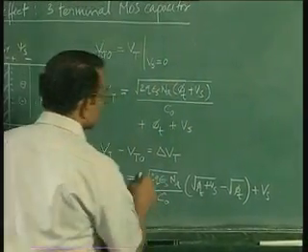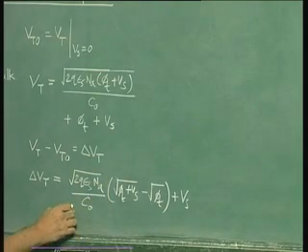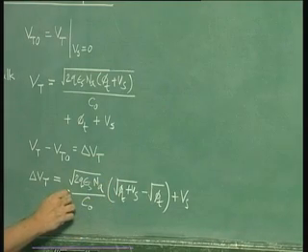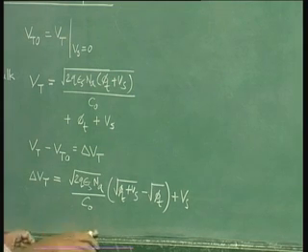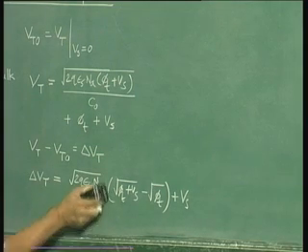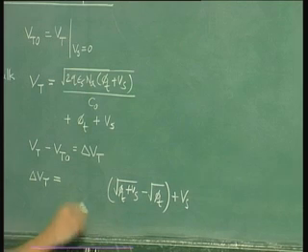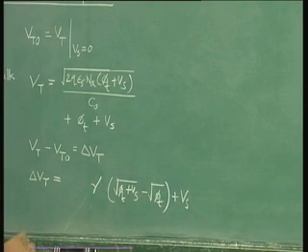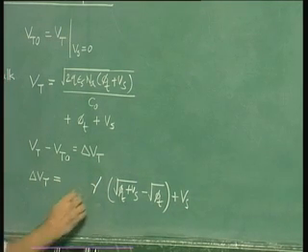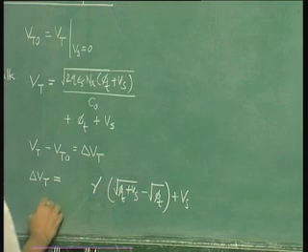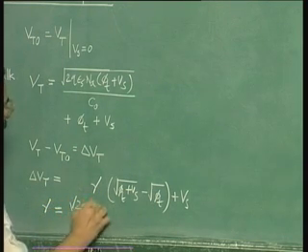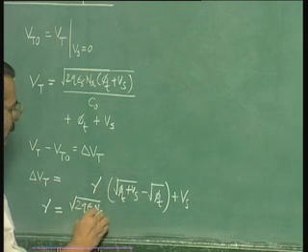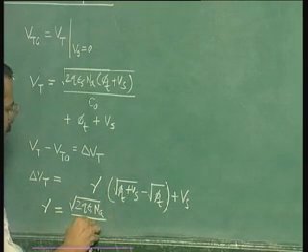Now this term here is normally given the symbol gamma. So normally delta Vt is written as gamma times this, where this gamma is square root 2q epsilon s Na upon C naught.